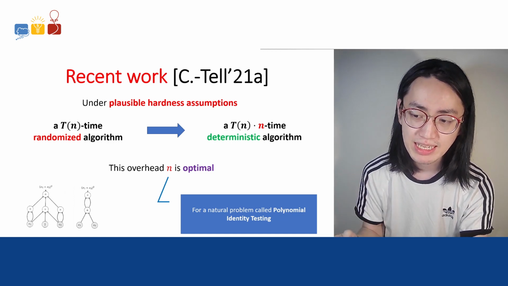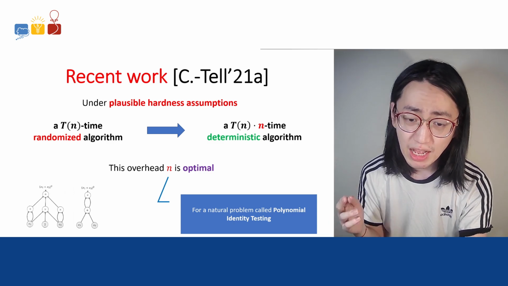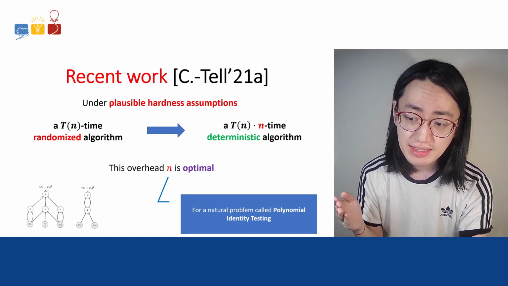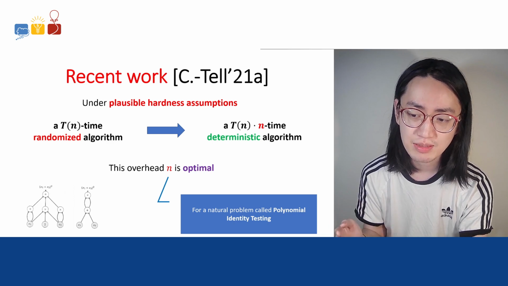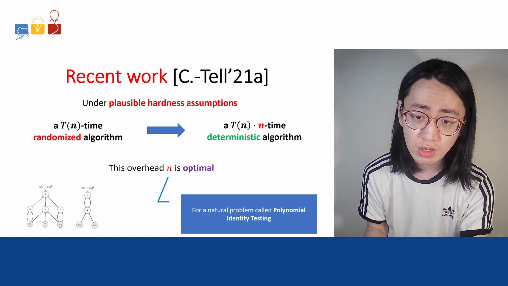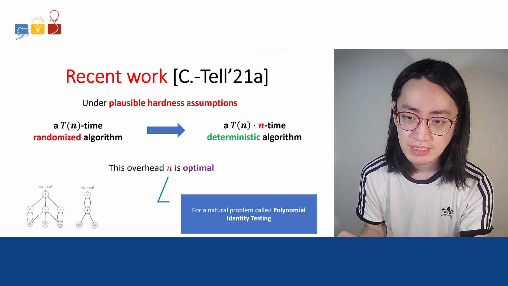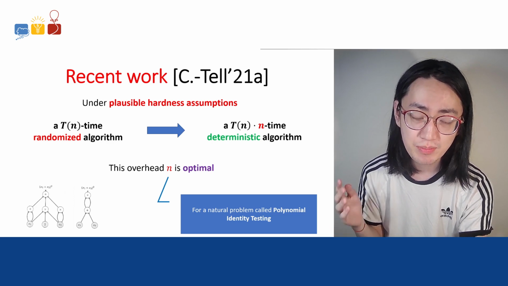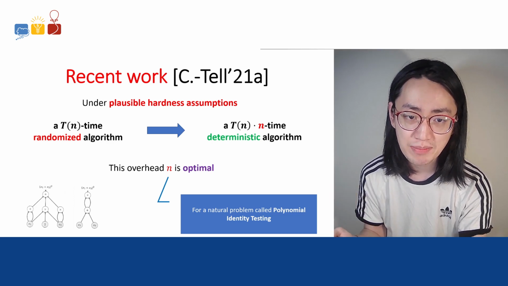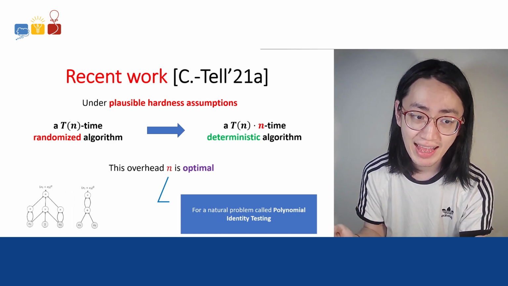For example, these two graphs on the slide, although they look different, they indeed compute the same polynomial (x1 + x2)^2. So we show that under certain hypotheses, this polynomial identity testing problem has a T(n) time randomized algorithm, but cannot be derandomized with an overhead less than n.